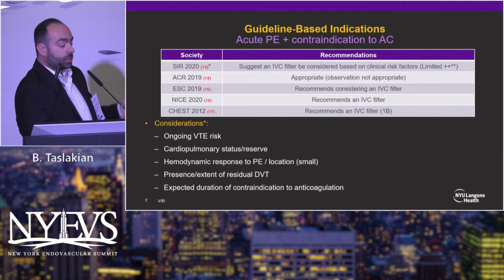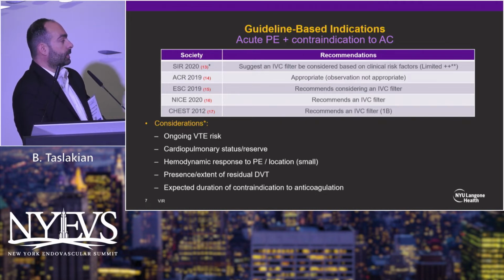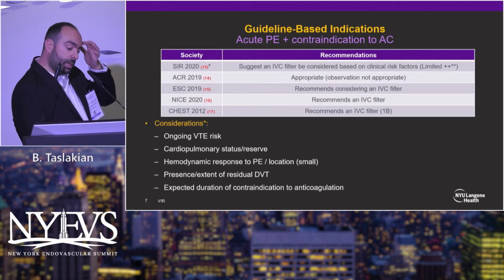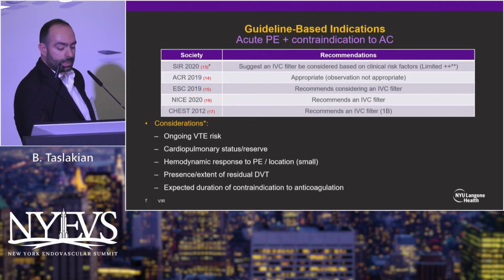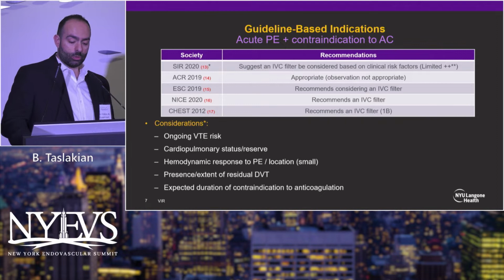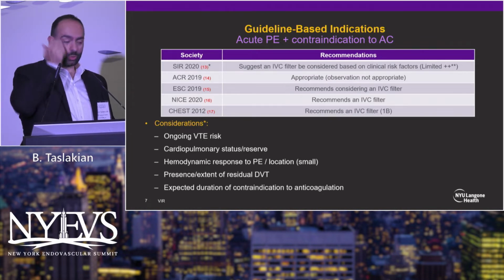And in the consideration, you have to think about the ongoing VTE risk, usually cardiopulmonary status and reserve, the hemodynamic response to PE and the location of the PE, presence of DVT and the extent of it, any residual DVT, and the expected duration of contraindication to AC.